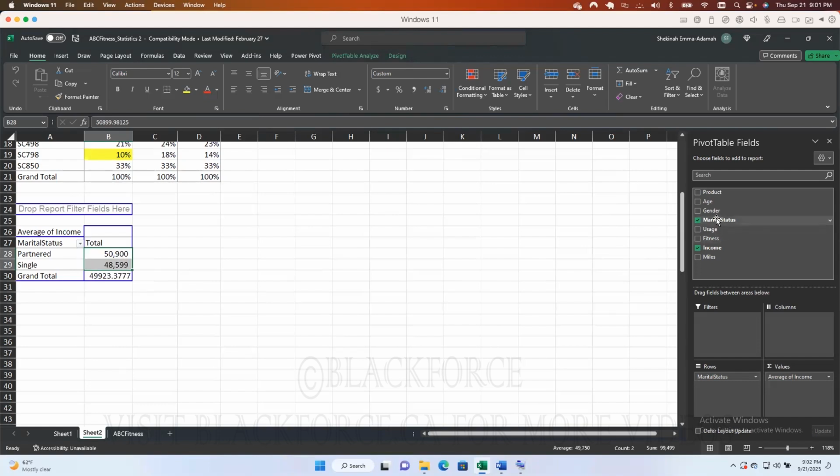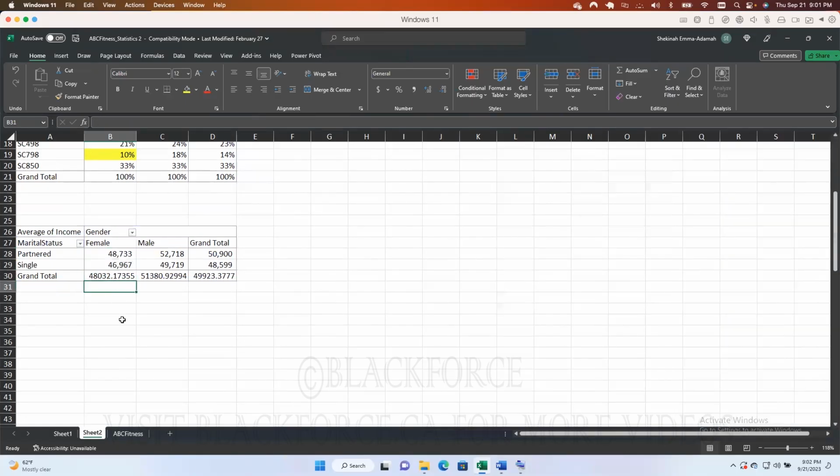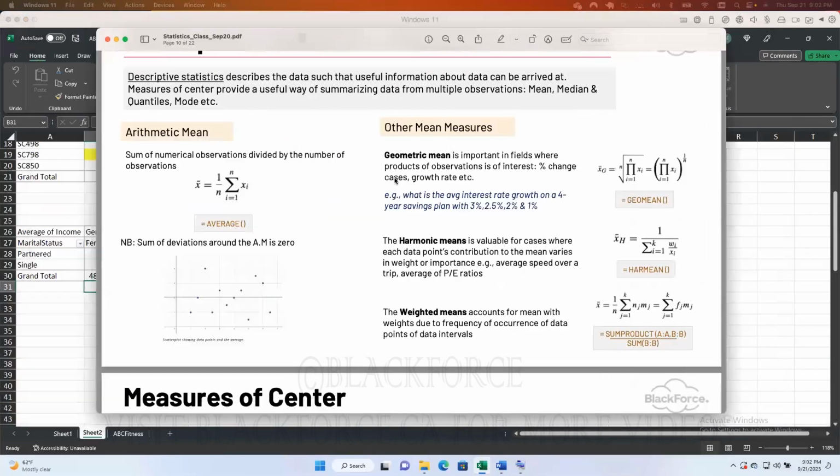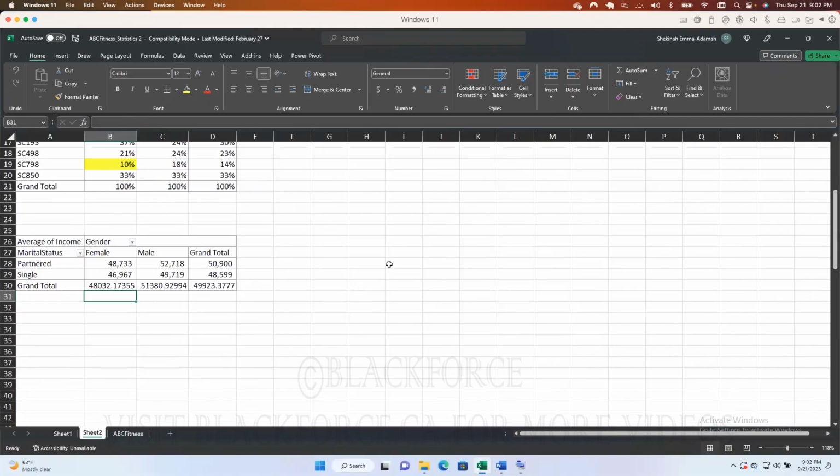We might want to slice by gender. Just put that in columns, and then you can see the average income. Remember when we looked at the cross-tab analysis? Pivot tables are a very handy way to do that. Where is it again?